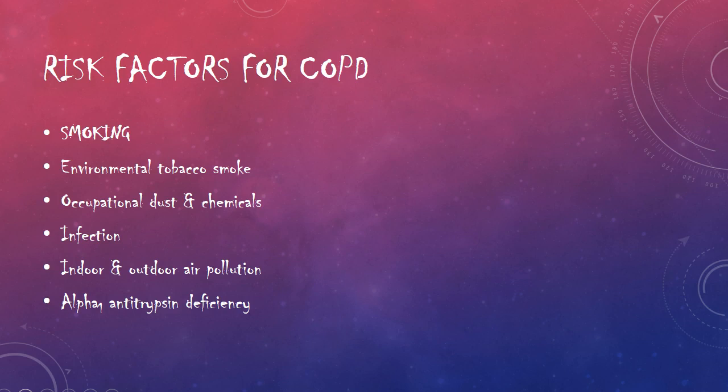So the risk factors for COPD, smoking is your big risk factor. Then you have environmental smoke, like secondhand smoke, which can be a risk factor. Occupational dust and chemicals, infection, the pollution in the air, indoor and outdoor. And then another factor is the alpha-1 antitrypsin deficiency.